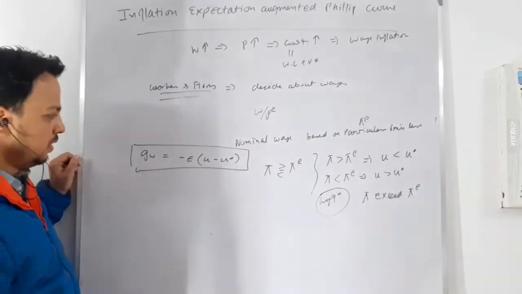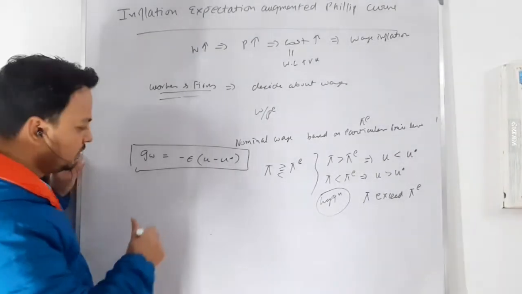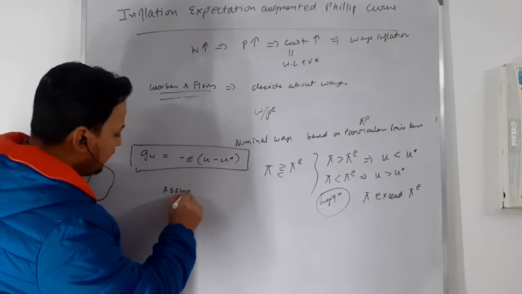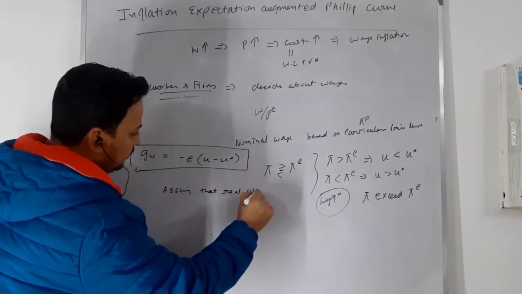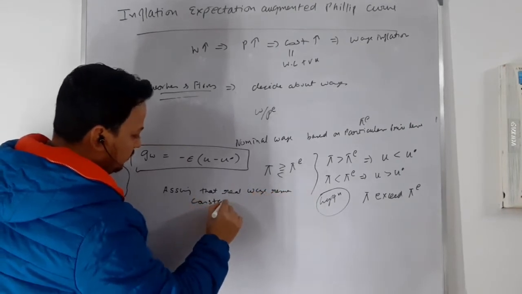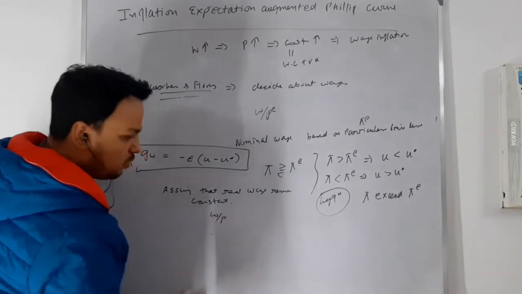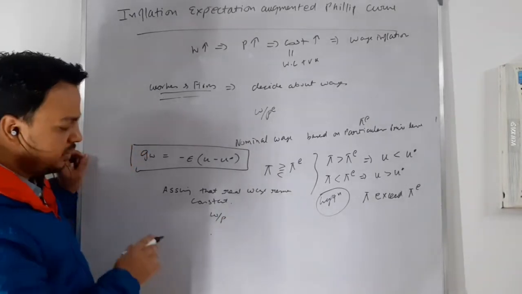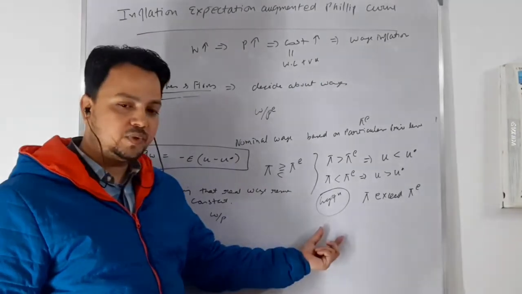Now we are assuming one simple thing, that the real wage remains constant, so this real wage W by P remains constant. When I am assuming this, that means wage inflation is the same as your price inflation.